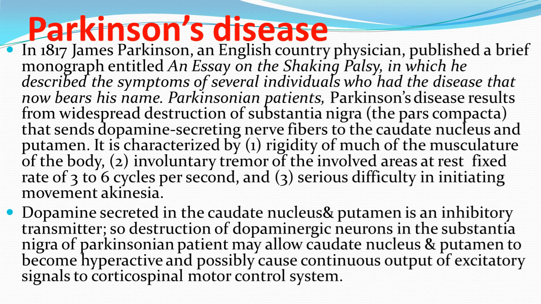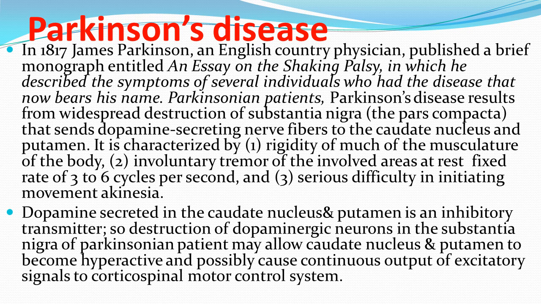In the indirect pathway, dopamine is inhibitory. So, if destruction of dopaminergic fibers takes place, the impulse to the direct pathway decreases and the impulse to the indirect pathway increases. So, unwanted movement increases and wanted movement becomes slow.